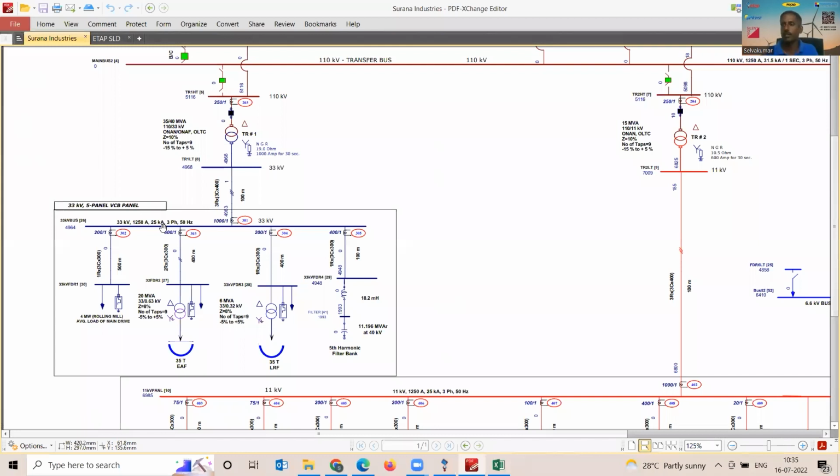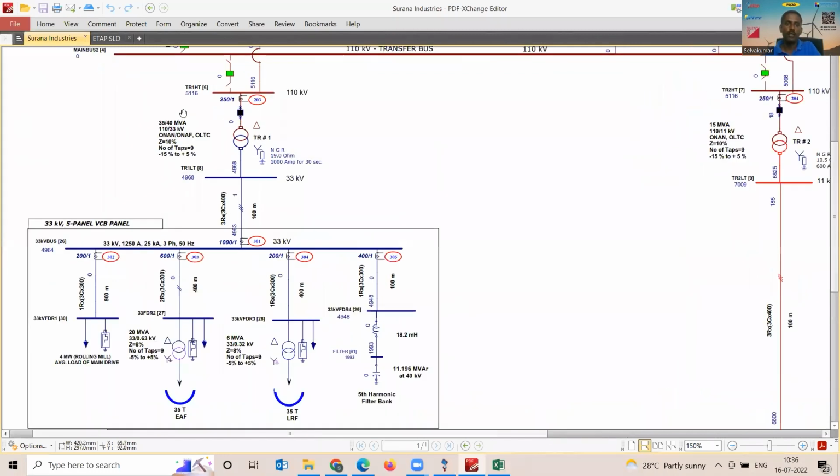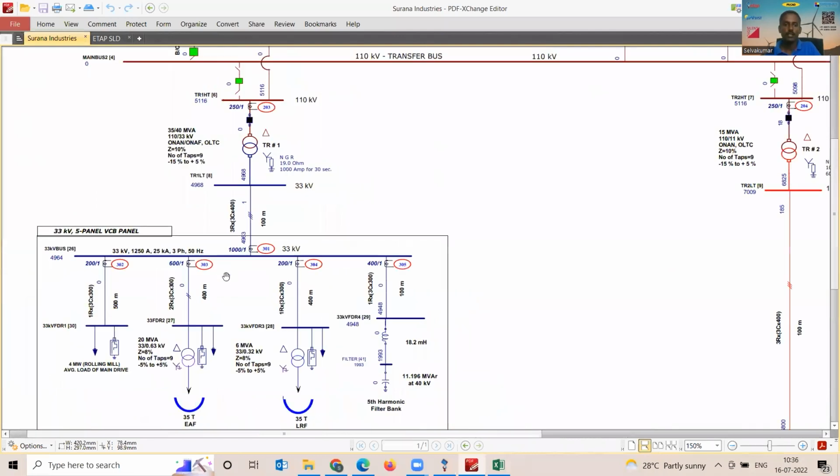If you understand the process, a steel industry predominantly has a rolling mill, electric arc furnace, and ladle refining furnace. The total load is approximately 35 to 40 MVA, connected at 33 kV via a 35/40 MVA transformer. Since this load is non-linear, obviously you need a harmonic filter to suppress the harmonics injected by the electric arc furnace, and there is a harmonic filter as well.